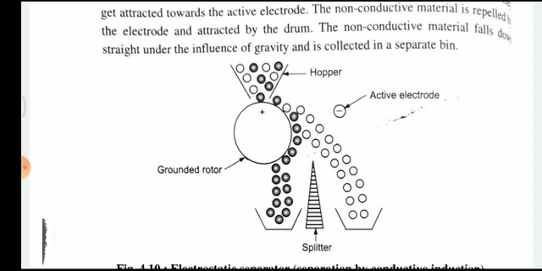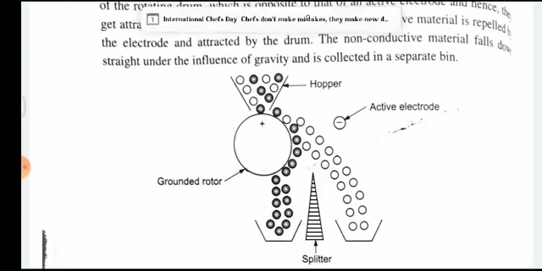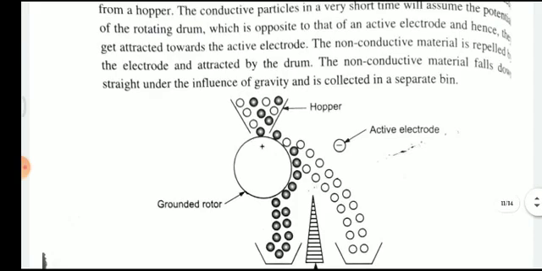The positively charged material is attracted by the grounded rotor, and the other one, which is negatively charged, automatically goes onto the surface of the grounded rotor. So the process is carried out and it will be separated out.